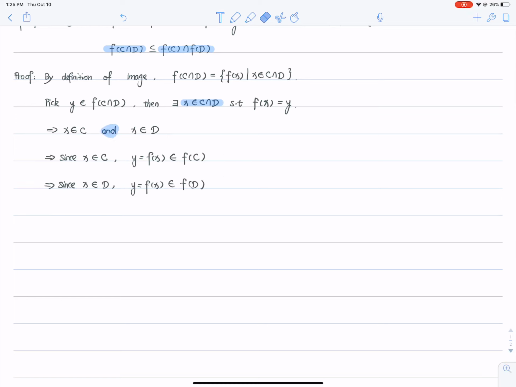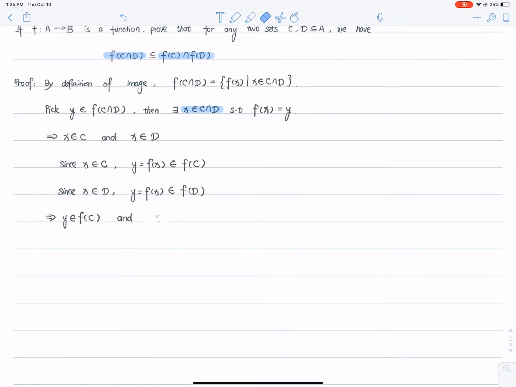So we can conclude this implies y is an element of f(C) and f(D). Or let's write them separately. y is an element of f(D). So based on this, you would have y is an element of f(C) intersect f(D).